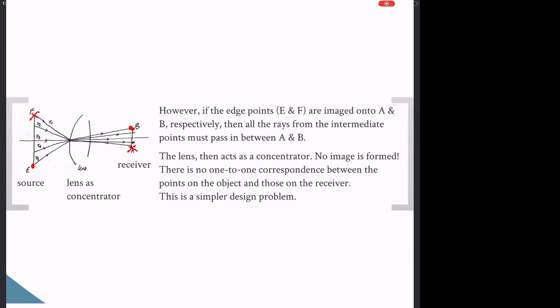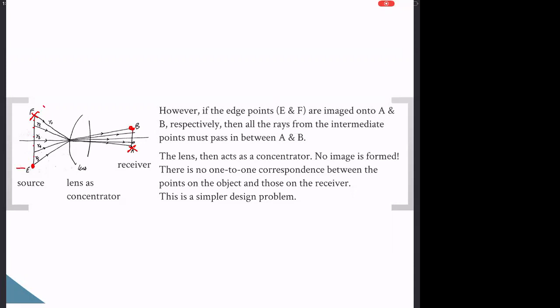So there's no one-to-one mapping. However, you can actually show that if the edge points E and F are imaged onto A and B respectively, as we just said, then all the rays in between, any point in between, these rays have to, of necessity, end up in between A and B as well.